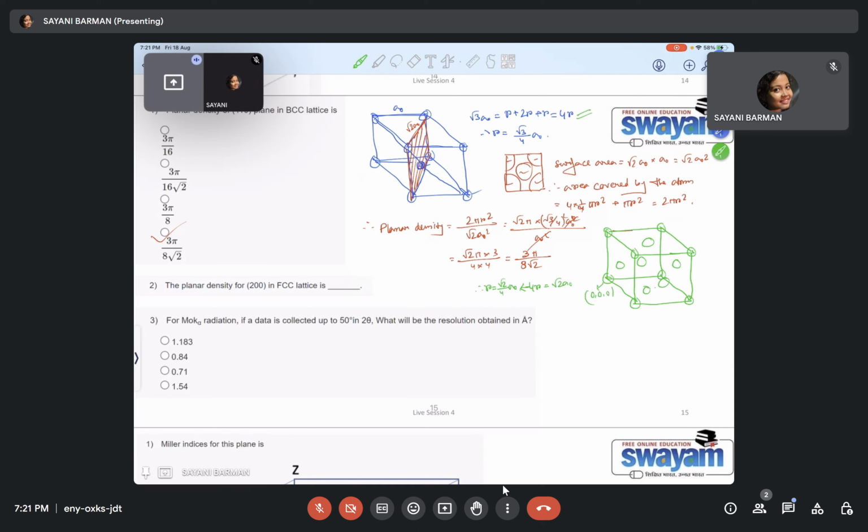see, the 200 plane is, if we invert this, it will be 1/2, half.